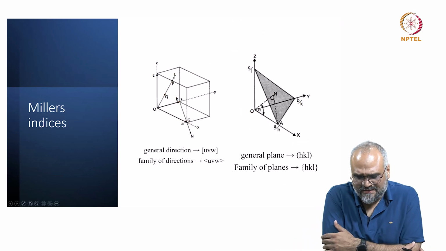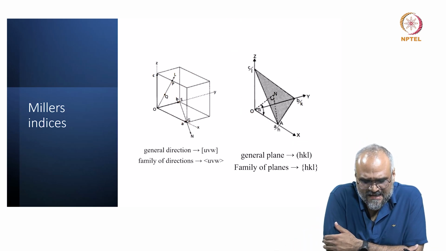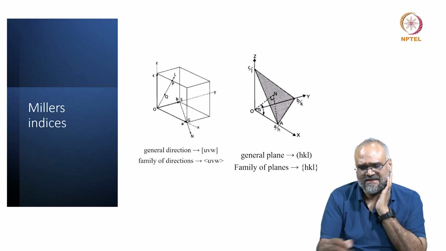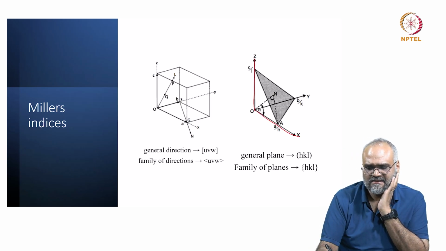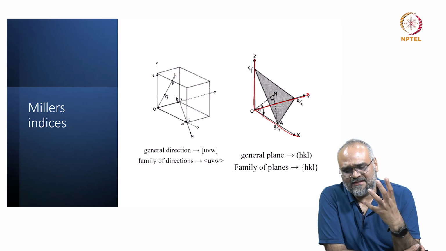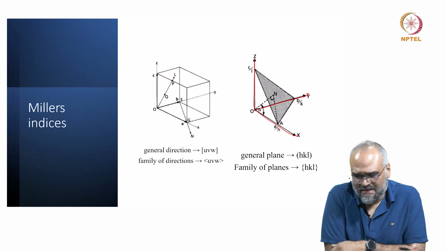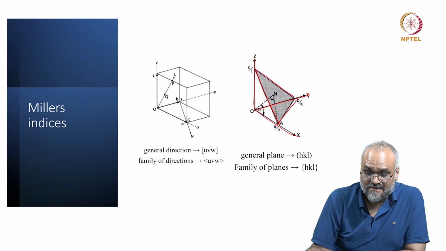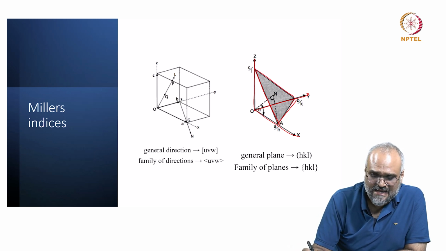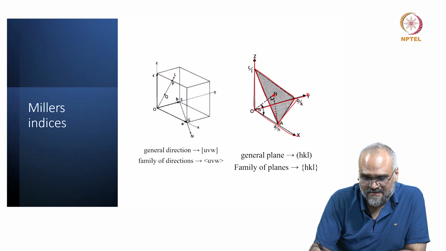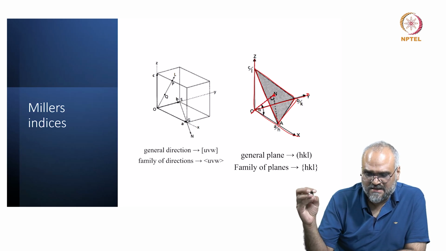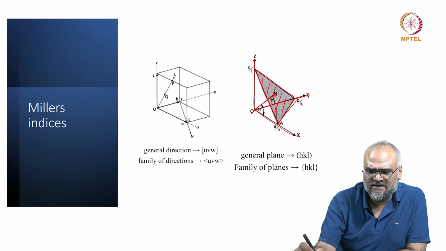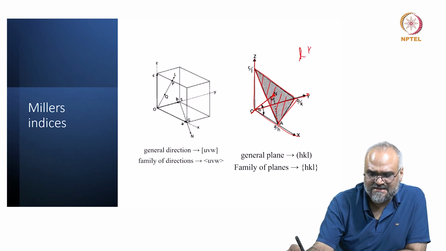And likewise, I can also have Miller's indices for the plane as well. So, let us say I have a plane which is intersecting a hypothetical origin within a unit cell. If I have a plane which is intersecting, I can get the Miller's index for a plane by first projecting a plane normal. So, let us say I have this plane corresponding to some indices h, k, l.